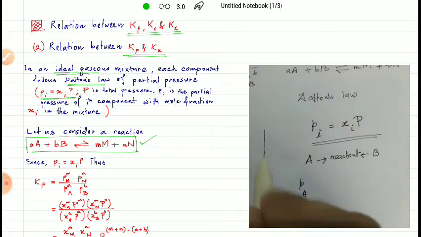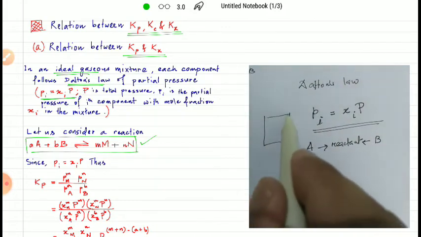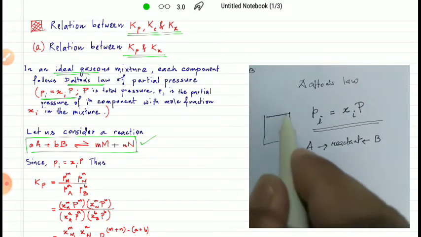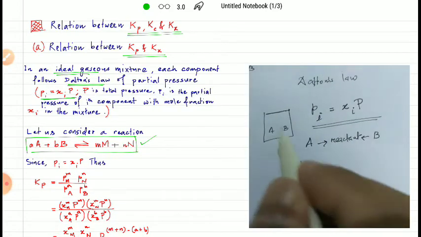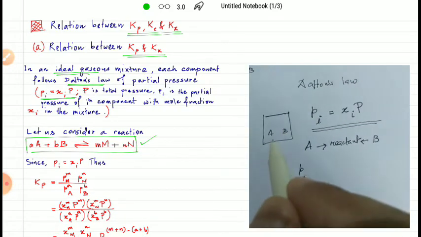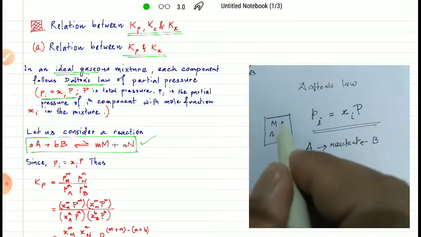Let's suppose this is your reaction vessel, in which the reaction is occurring. There will be A, there will be B, and after the reaction between A and B, they will form M and N.